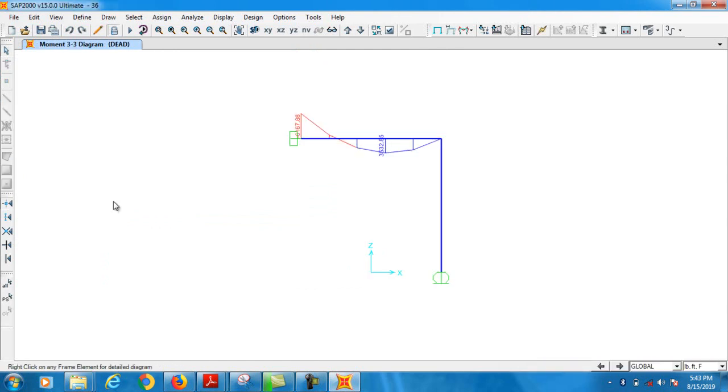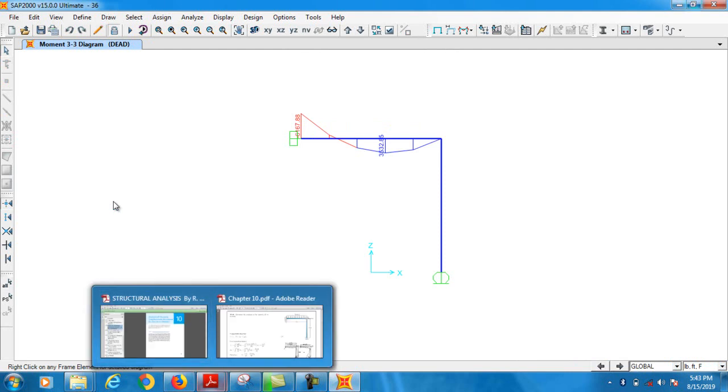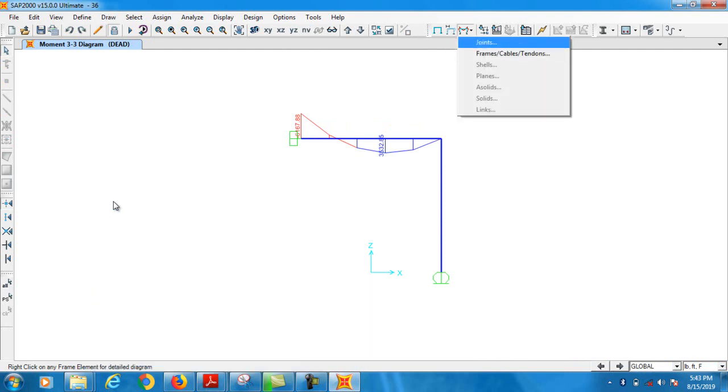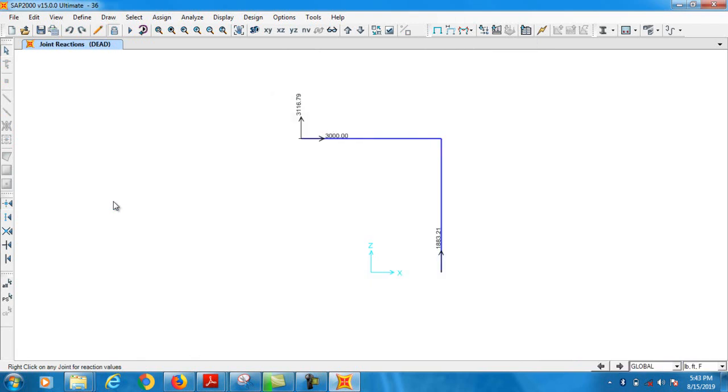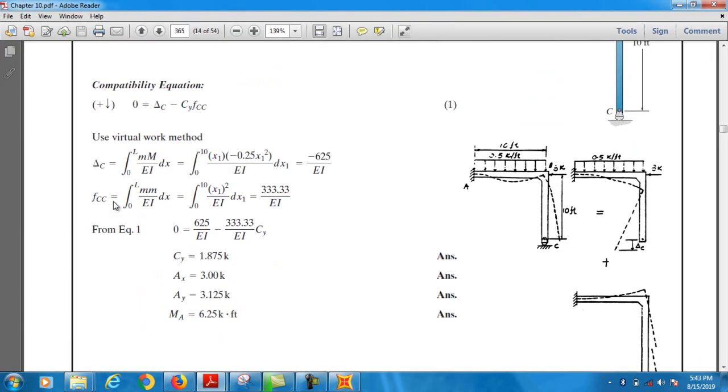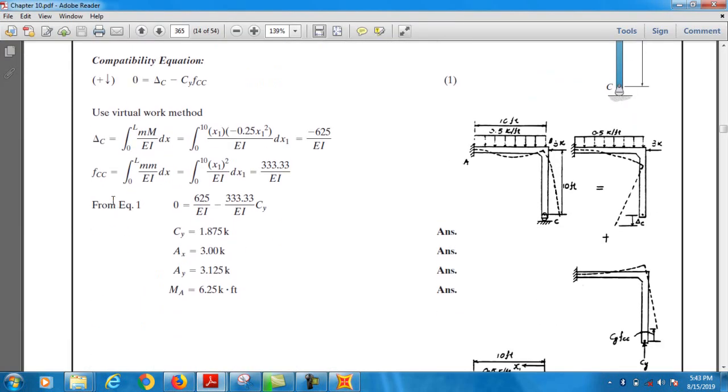This is the moment diagram. We need reactions, joints. Okay, this one. Clear? This is 1883. This is 3000, and this is 3116. So let's see. This is 1.875 kips.